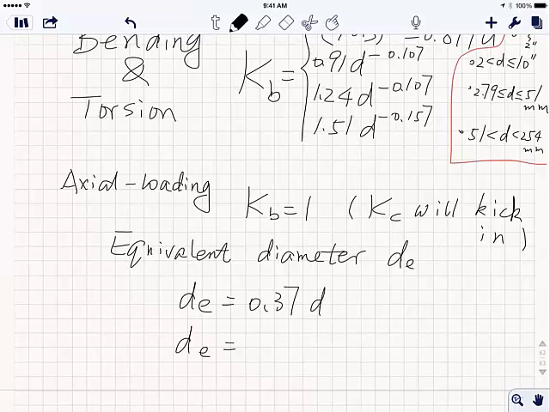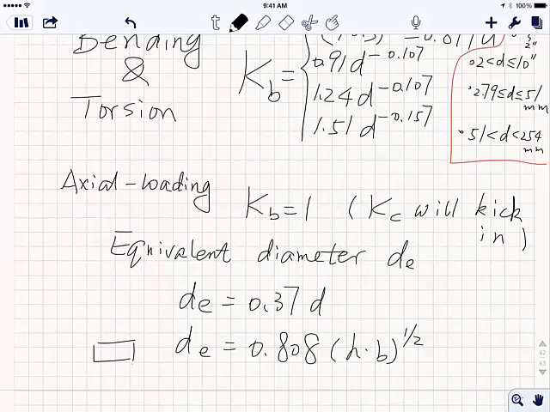Remember, most of the time we have a rectangular section, base times height, right? If your load is applied like that, base times height. b is base, h is height, right? Now, this is for a hollow rod.